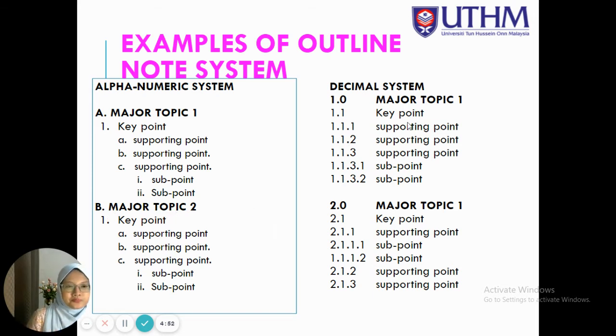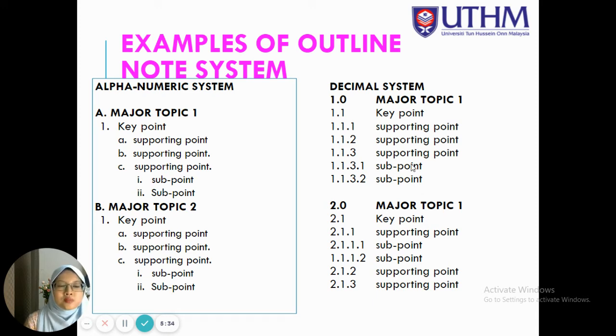Next one is the decimal system, where you can see the content is quite similar: major topic 1, key point, supporting point, and also subpoint. But you can see the numbering is quite different. Here you have A1, ABC, 1 to Roman, but here it uses the same number, 1.0, and it changes here. 1.1 for key point, 1.1.1 for supporting point, and then 1.1.1.1 for the first subpoint and 2 for the second subpoint.